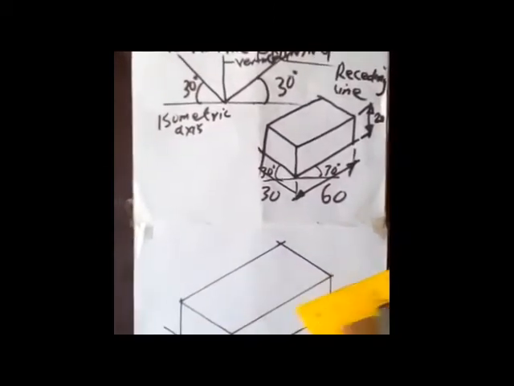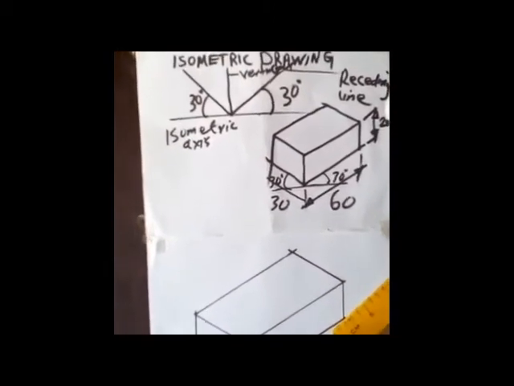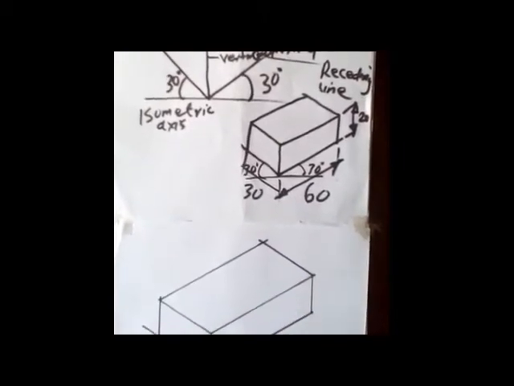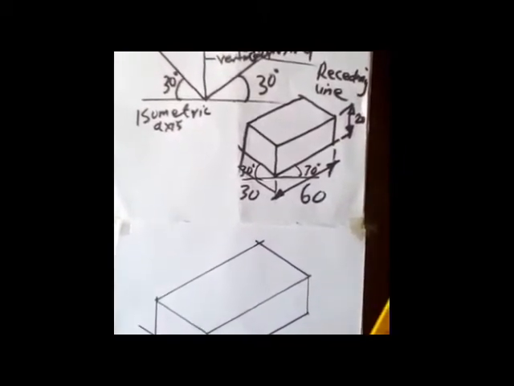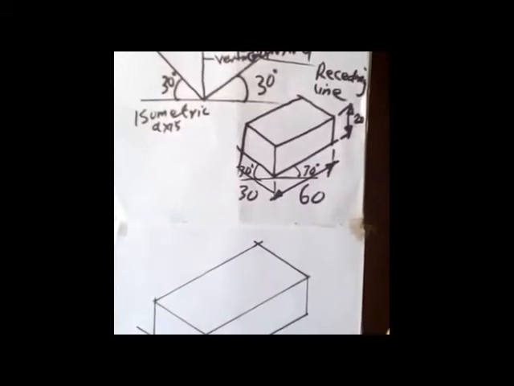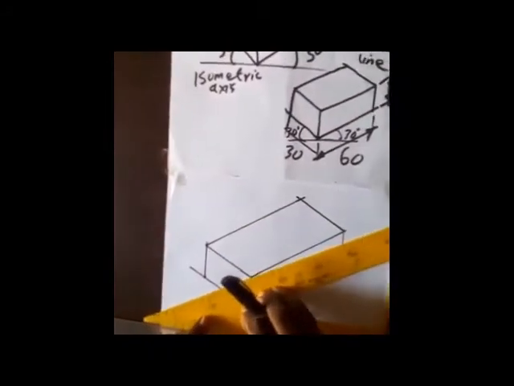What I want you to understand here is that if you put this T-square, make sure that the T-square is maintained. You don't have to tilt it in this way. If you tilt it in this way and draw, let's try and see something. The receding line will not be in line now. Look at this.